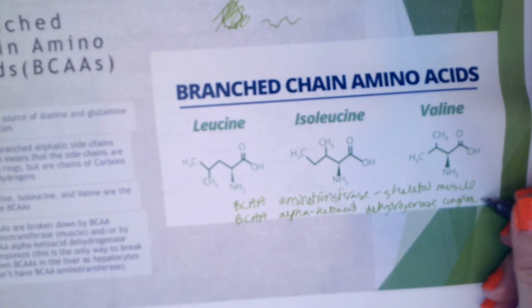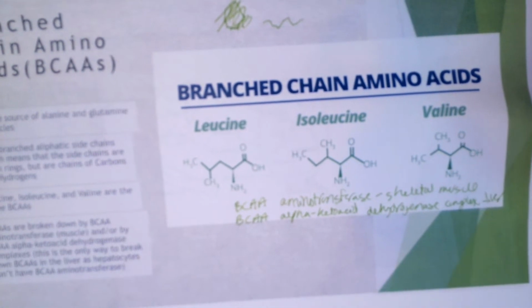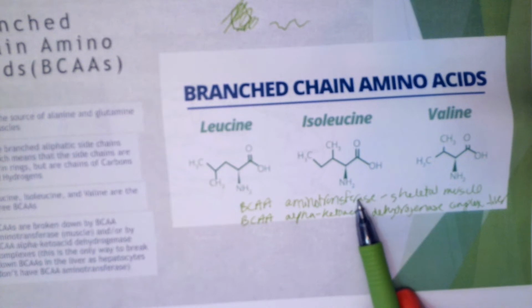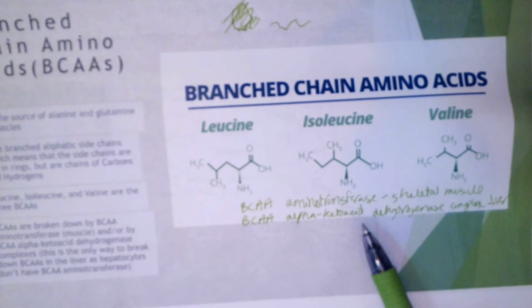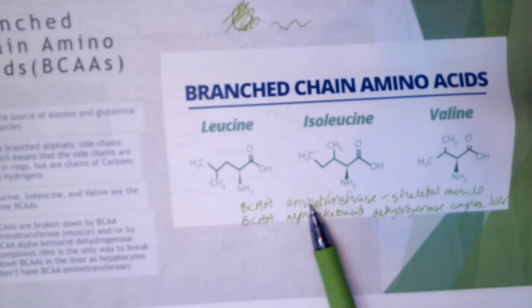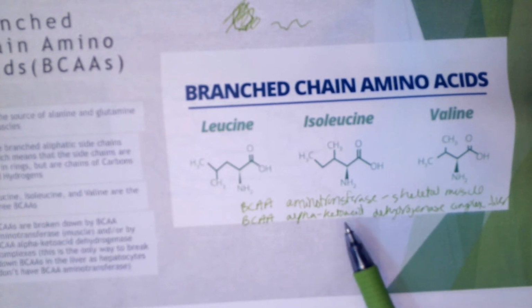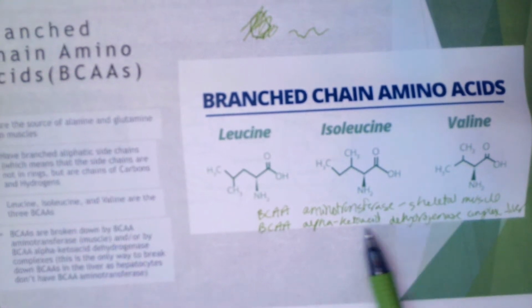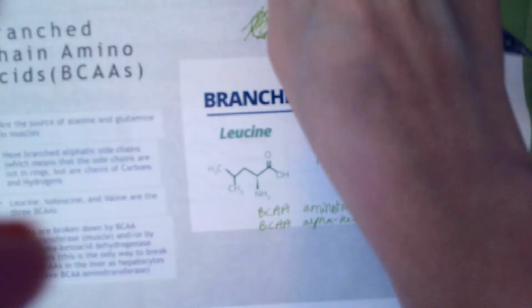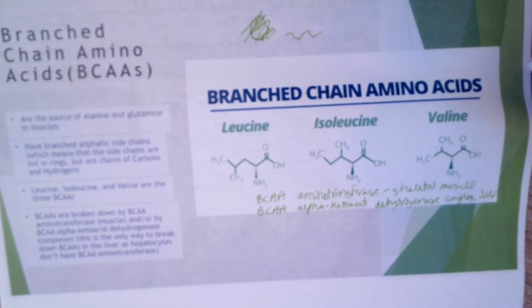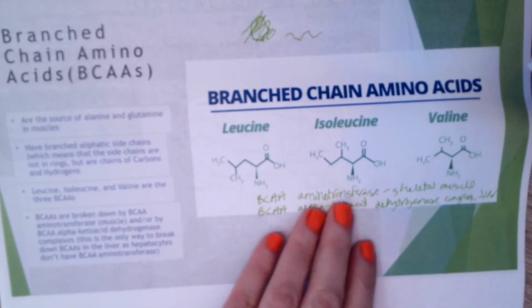So that's happening in the liver. Why we're using that in the liver as opposed to just the plain old aminotransferase is that the liver doesn't have the branched chain amino acid aminotransferase. So it has to use this. And there are various things that would activate or deactivate this, just like we saw with the pyruvate dehydrogenase complex. It's an enzyme similar in that way.